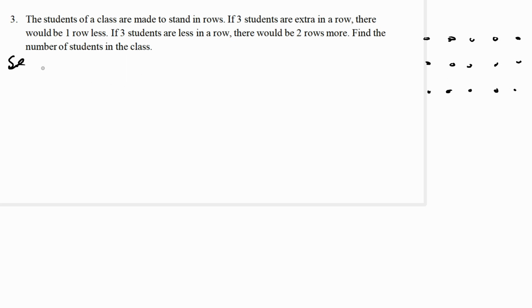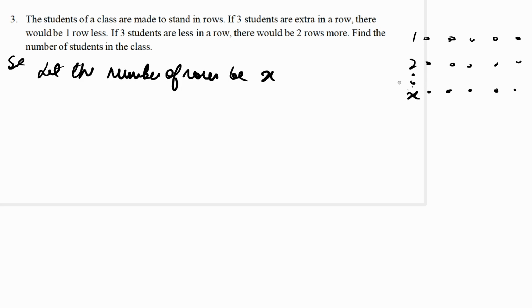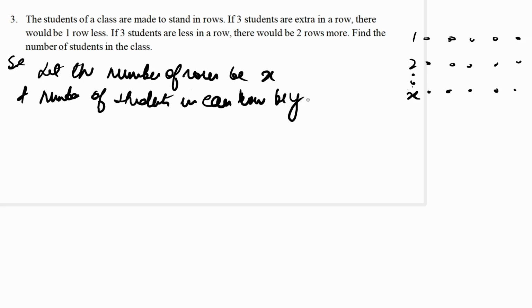So we will say let the number of rows be x, that is 1 2 like this up till x rows are there, and number of students in each row be y, that is 1 2 3 like this up till y students are there.